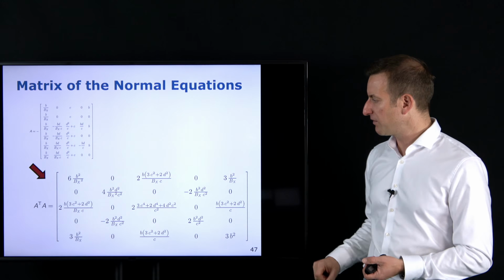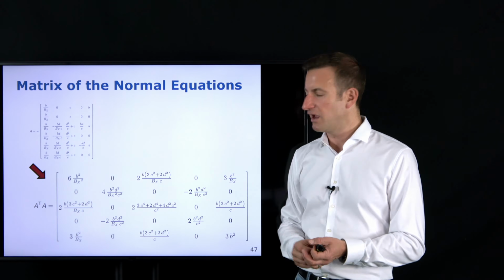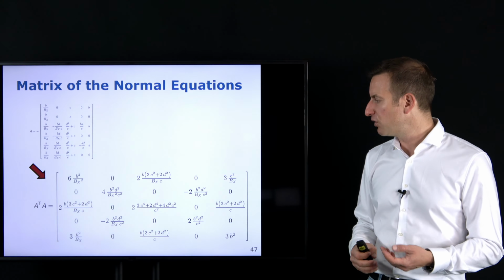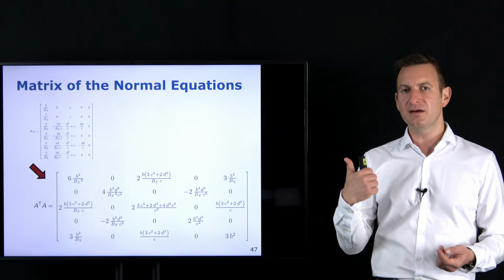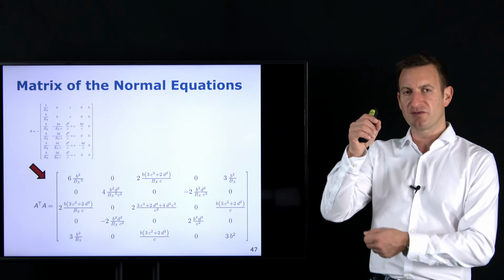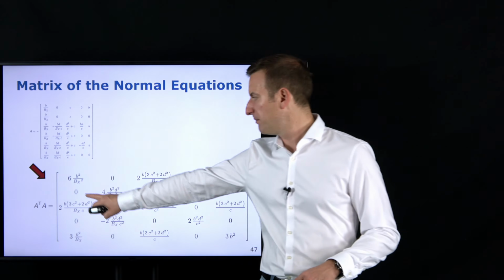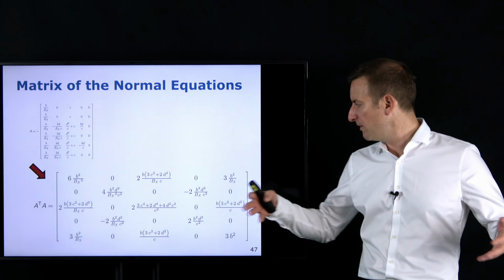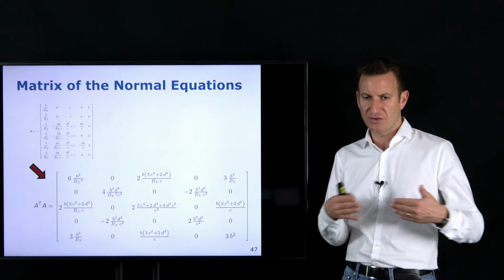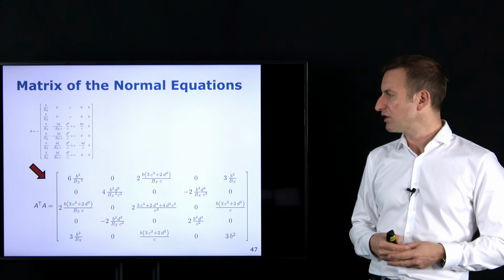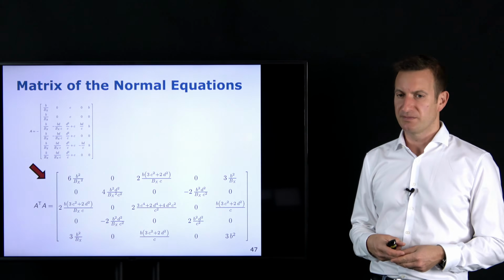You can see some of the elements are 0 and other elements get filled with equations containing the b and the d, so the distance of the point in the x and y direction, the camera constant, and my Bx, my constant offset for the stereo normal case, so how far the cameras are away in the x direction.